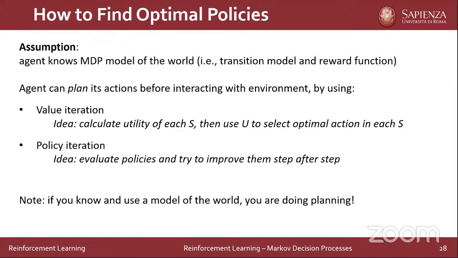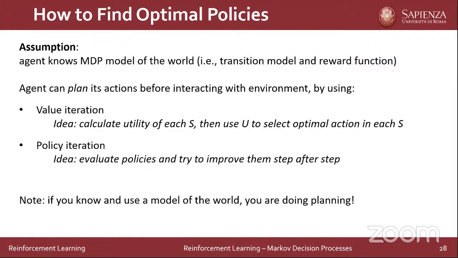In these two algorithms that are planning algorithms, we will assume to know the transition function, because we'll see that then algorithms that are used when you don't know the transition function basically behave in a similar way. They just get rid of that assumption.